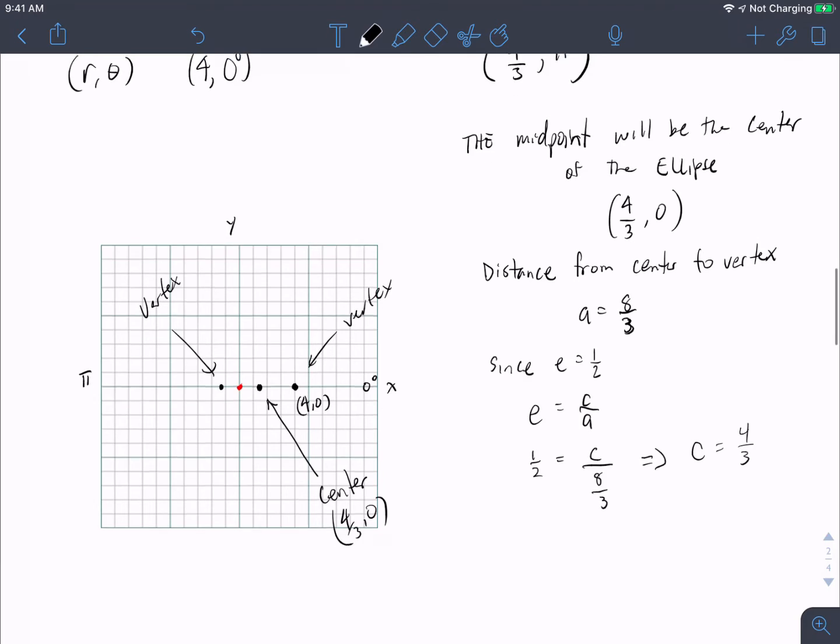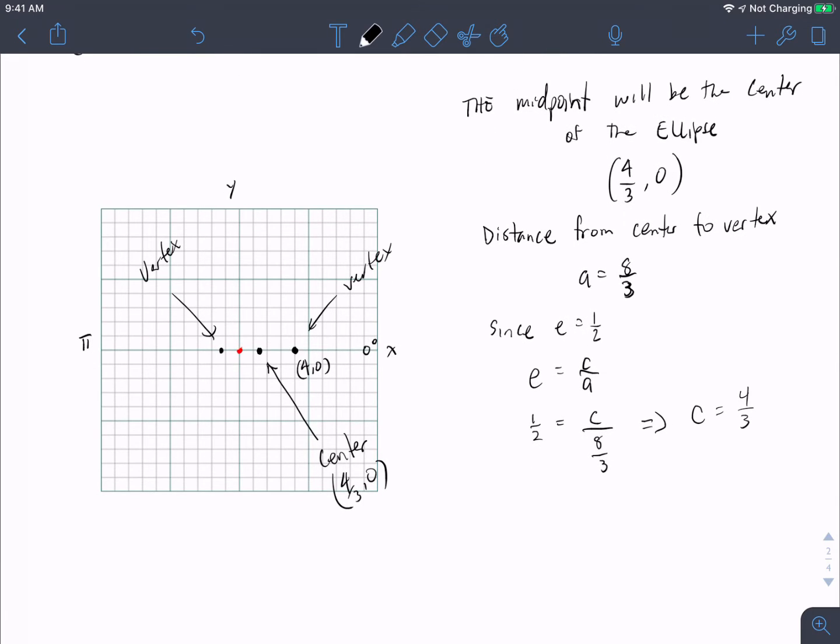And now to find our B, that's to the focus, that's C. Our B is going to be B squared is equal to A squared minus C squared, or B squared is equal to 8 over 3 squared minus 4 over 3 squared.